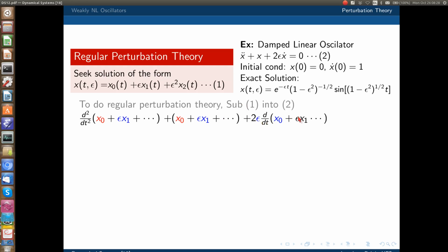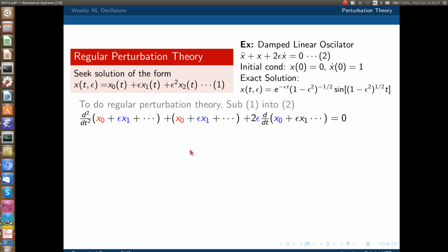Now the trick is you collect all the terms of epsilon, because you want your solution to be valid for all epsilon. In other words, if epsilon equals 0 in your equation, you just have x dot dot plus x. In this case, if epsilon equals 0, all your blue terms vanish, and you're left with x dot dot plus x equals 0. That's why I said this x0 is the solution to epsilon equals 0.